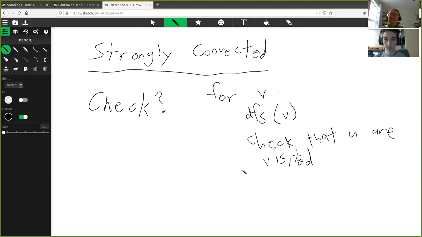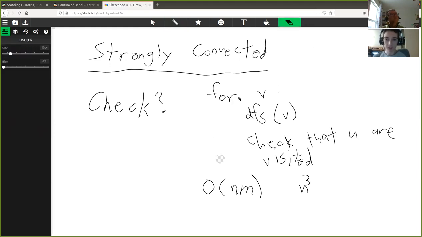This would give us complexity O(NM), if M is the number of edges. And if there are N squared edges, this would be like N cubed. But this isn't the most efficient way to do it.